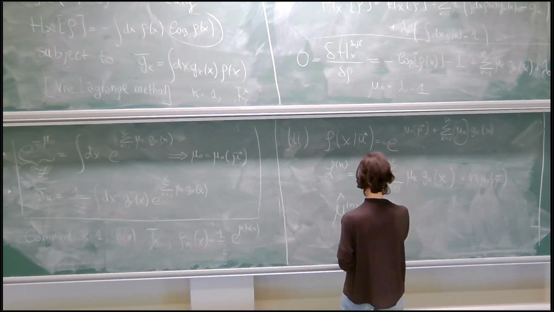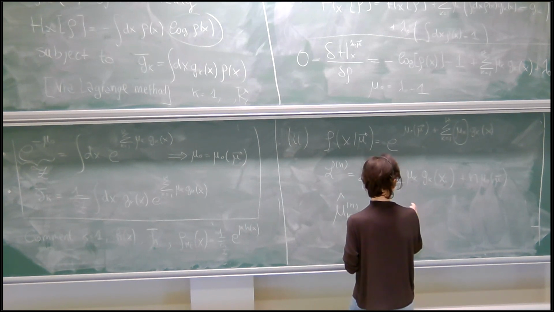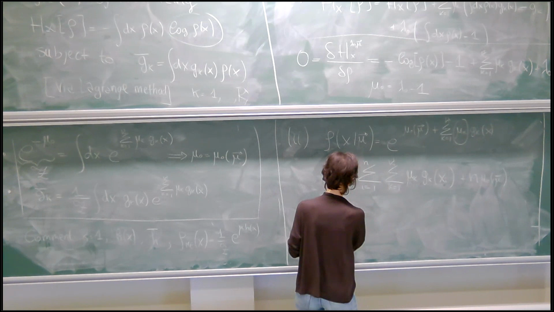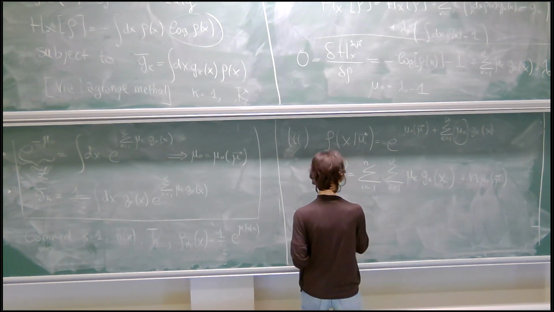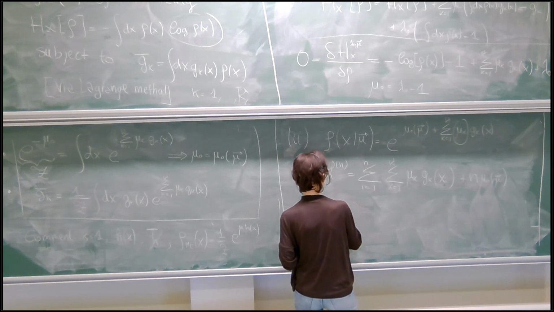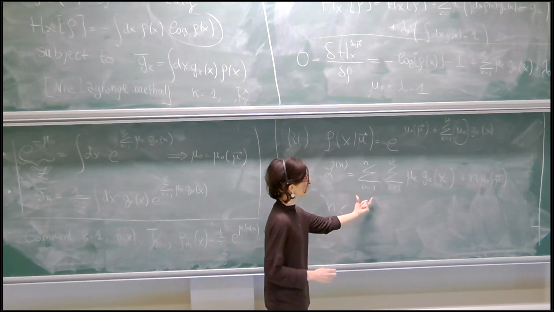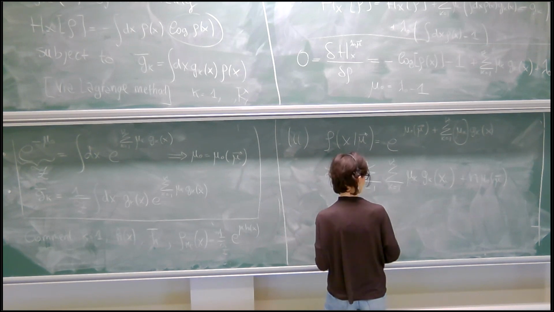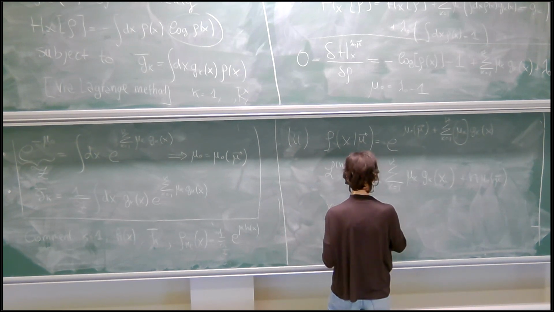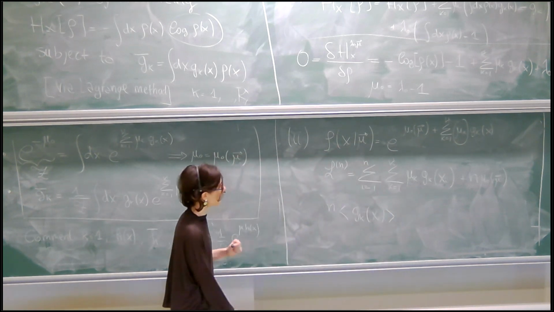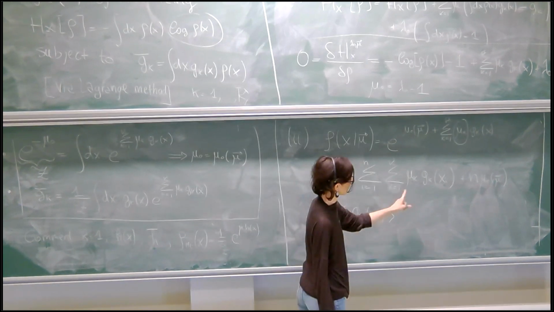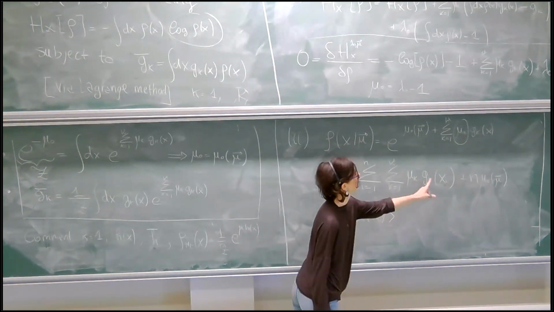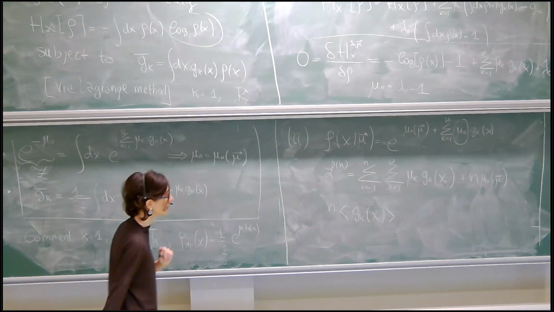Okay, let me write it implicitly actually. If I differentiate this, what I obtain is n times the sample average of my gk. Now I'm differentiating with respect to one particular value of k, so this will select only one element of this sum, and I'm left with a second sum over i.